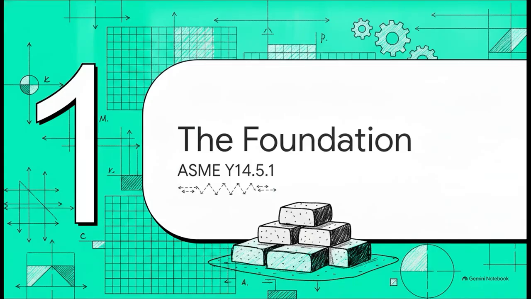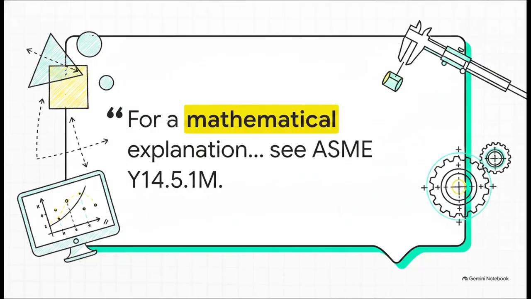Which brings us to the foundation of it all, ASME Y14.5.1. If you look right at the very beginning of the ASME Y14.5-2018 standard, specifically in Section 1.1, it explicitly tells us, for a mathematical explanation of many of the principles in this standard, see ASME Y14.5.1M.